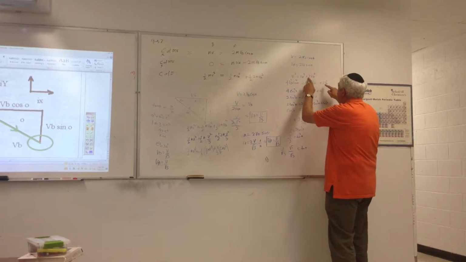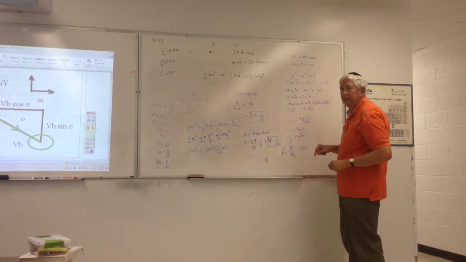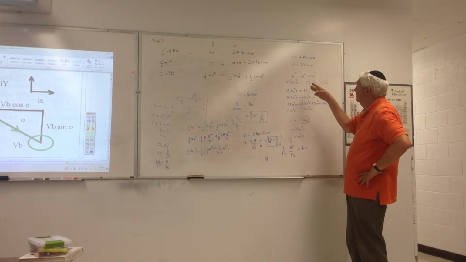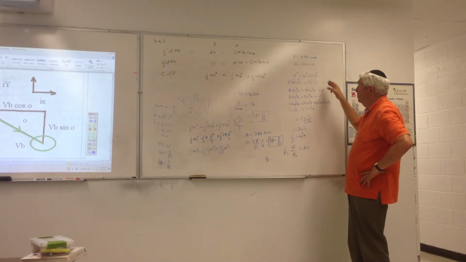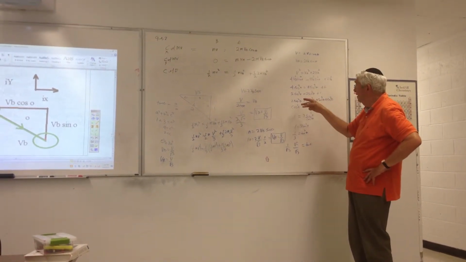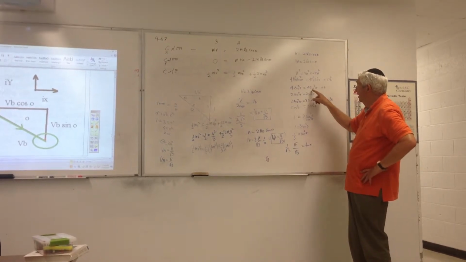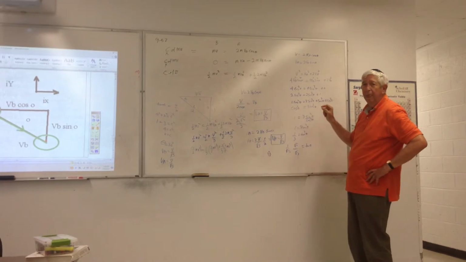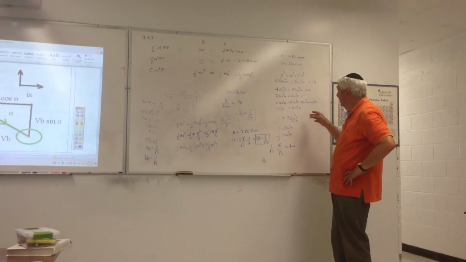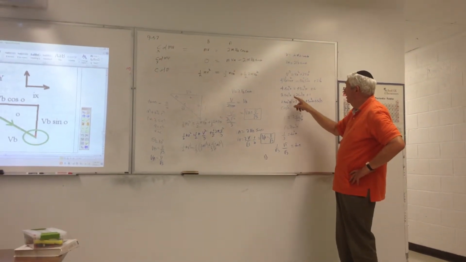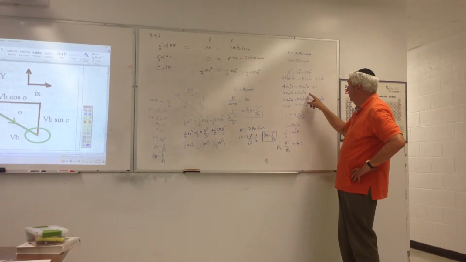And we have this 2 vb squared. So now, can we simplify? We divide by vb squared, and we have 4 cosine squared theta equals 4 sine squared theta plus 2. We divide by 2, and we have 2 cosine squared theta equals 2 sine squared theta plus 1.